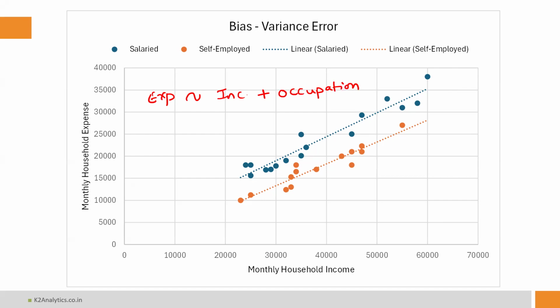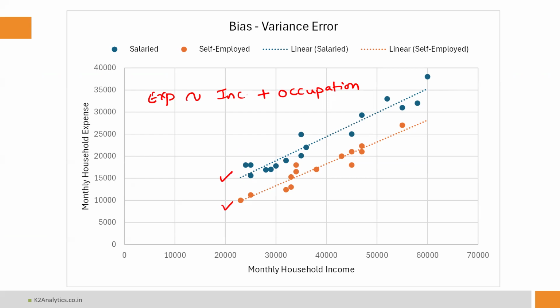And if you build this equation, then automatically the equation will adjust such that the prediction for the salaried and self-employed segments will be better, more accurate. More accurate means there is a reduction in error.